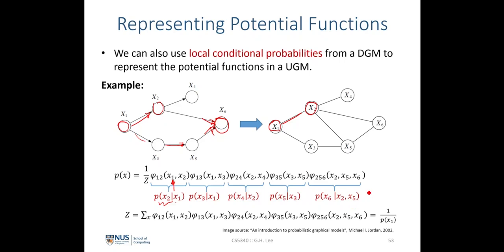When we convert it into a local potential function, it will be a function of x2, x5, and x6, where we do not distinguish between the direction of the arrows because there are no more arrows in the undirected graphical model. What this also means is that there will be interactions between the 3 random variables after we have converted into a local potential function. And this corresponds to a clique that we have represented after the conversion.